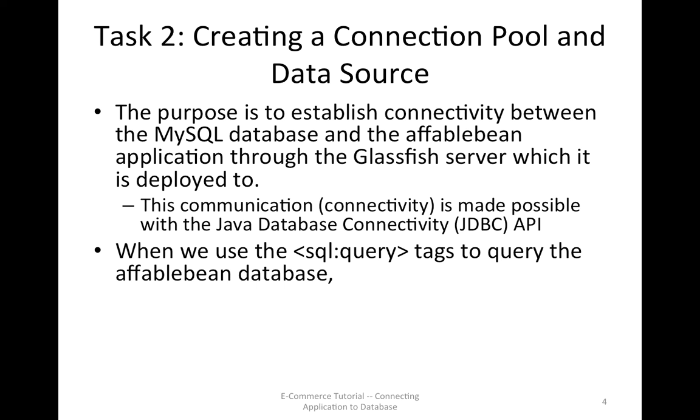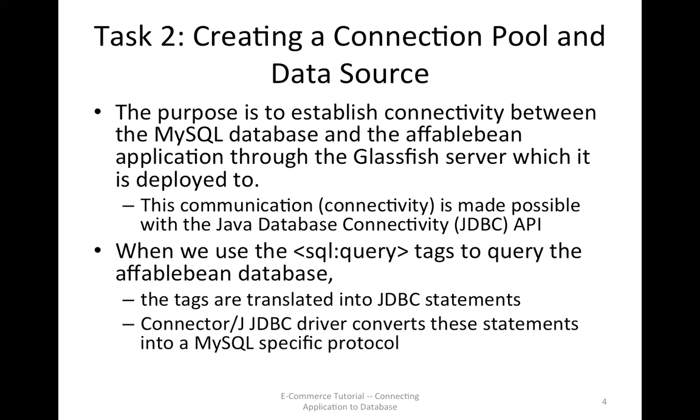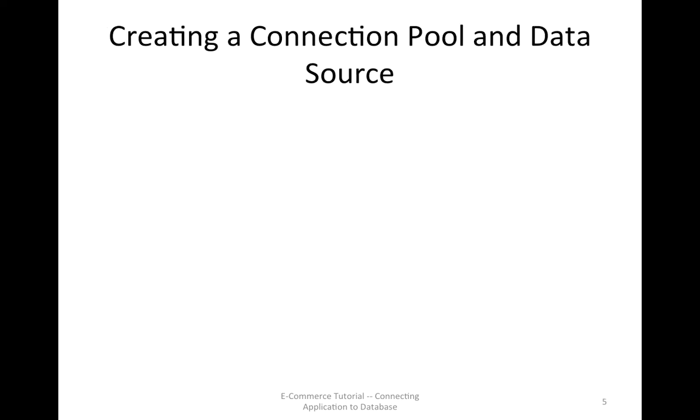In the future, we will use SQL query tags to query the ForboBean database. When we do so, first the tags are translated into JDBC statements, then the Connector/J JDBC driver converts those statements into a MySQL specific protocol.